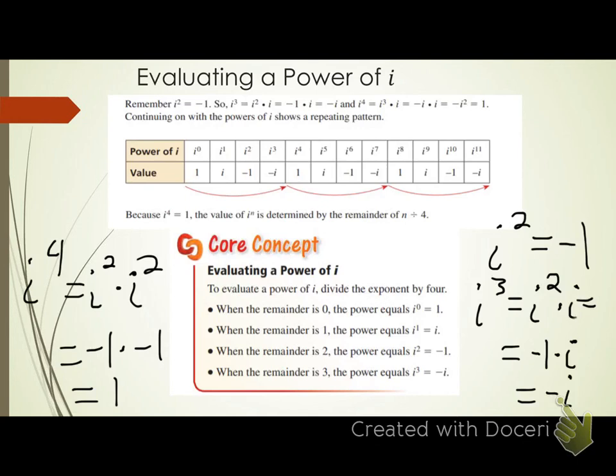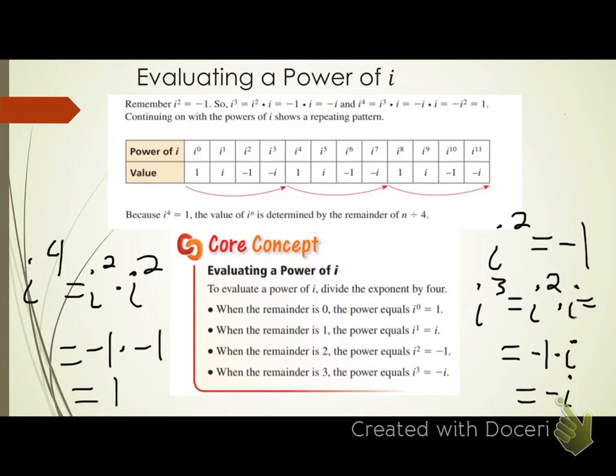I can do that because the cycle is going to keep repeating itself. So I just take my exponent and divide it by 4. Whatever the remainder is, I use that for the exponent on i, and I can evaluate it. So it's either going to be 1, i, -1, or -i. Okay? Do we need to see an example real quick to help us understand it a little better?